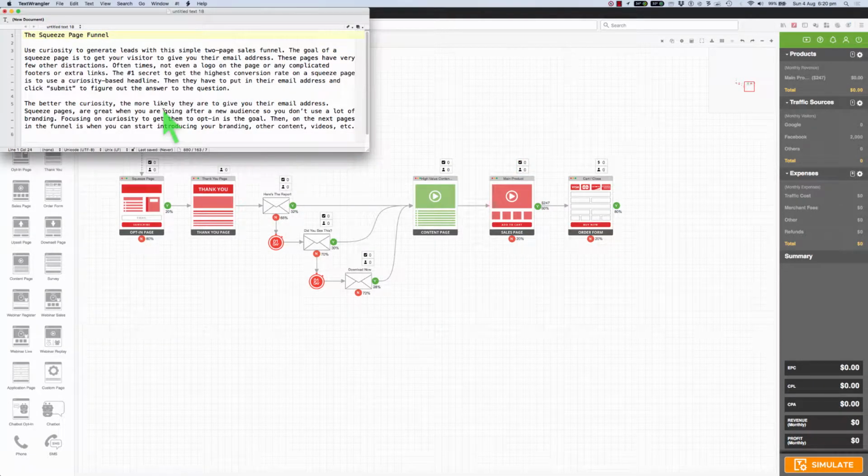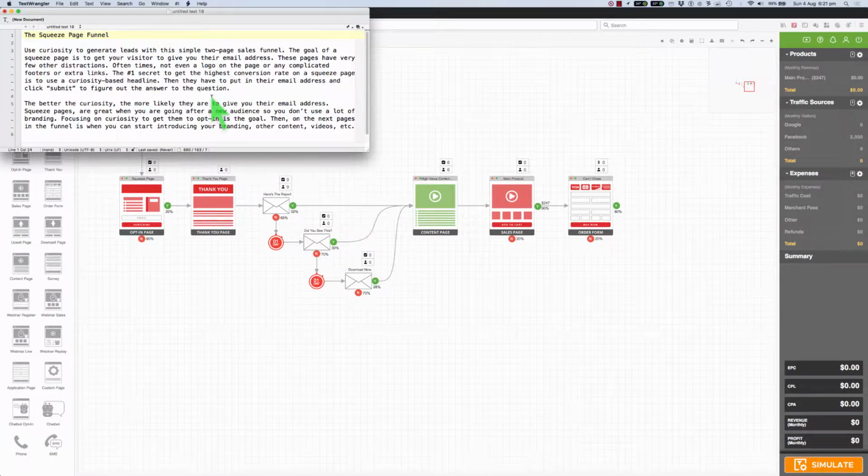Okay, so what's a squeeze page funnel? The idea of a squeeze page is that you are using curiosity to generate some leads. And the goal really, as is explained here, is for people to give you their email address. So it's a very clean page, not with a lot of content on it, or perhaps not even a logo.